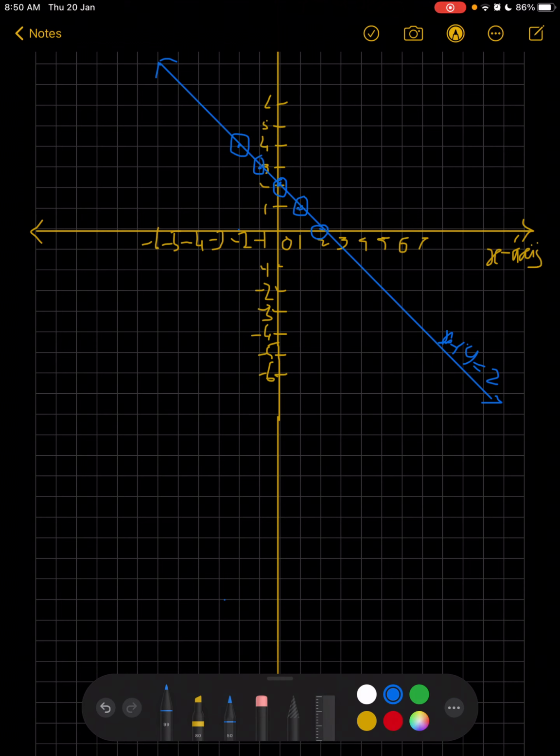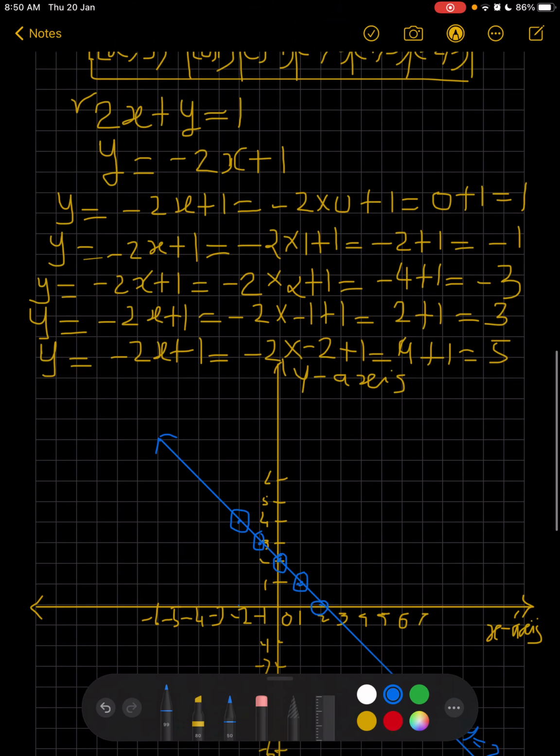First line we have completed. Now, like the first line, we will try two more lines. Let us complete line number 2 and 3.